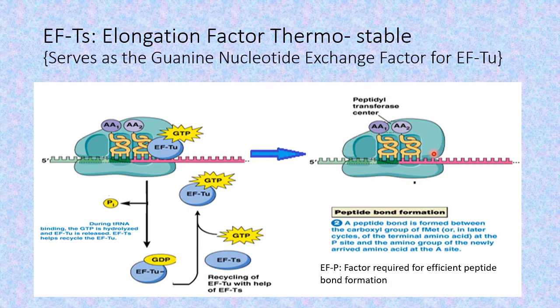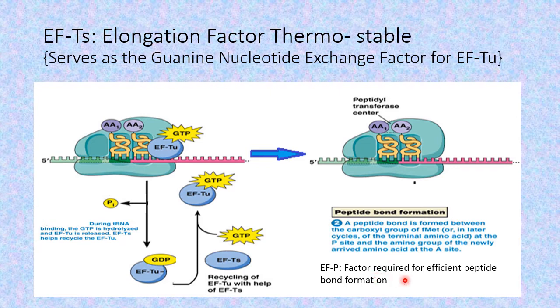Now we have this complex with the P site occupied by one charged amino acid, and the next, the A site, also has a charged amino acid, and both these amino acids are near the peptidyl transferase center of the 50S subunit of this prokaryotic ribosome.